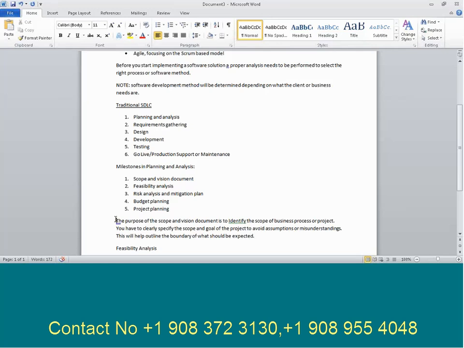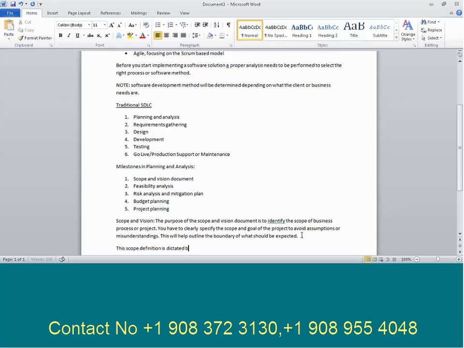But the question is, who is going to define the scope? Who is going to say that these are the business processes we should automate? The scope definition is dictated by the subject matter experts or the client. Always. I repeat, the scope definition is dictated by the subject matter experts.